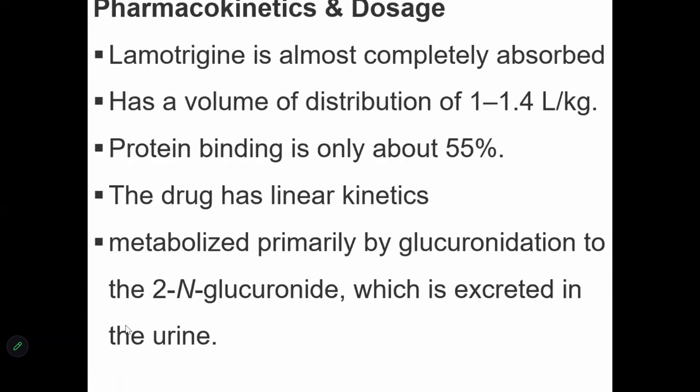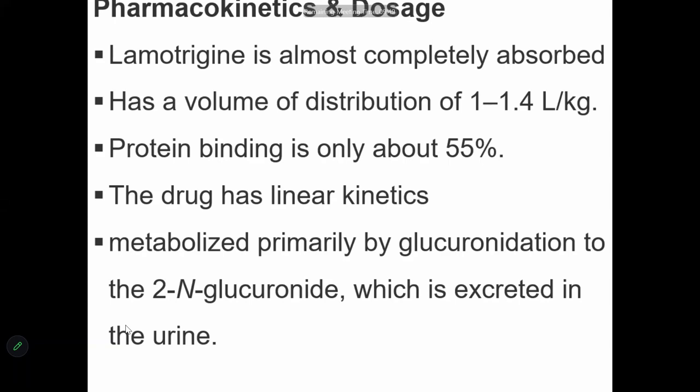So there's another drug called lamotrigine or Lamictal. In fact, this drug acts exactly like valproic acid, which we are here to look at. But the distribution is usually lower than valproic acid.